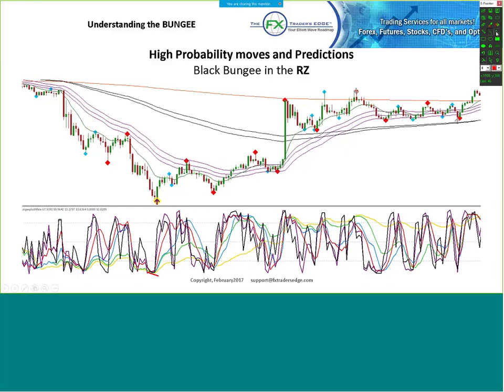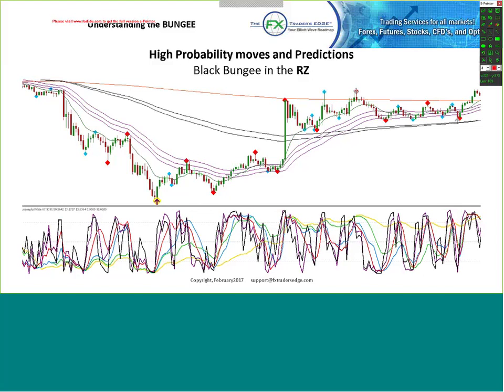But for this, look at this move down here. We've got the bungee back at the bottom. Yeah, it had to go up to there to give that tension in that black bungee for it to come back down again to here. Have I got that right? No, that's this little one here, sorry. Let me clear that and do it again.